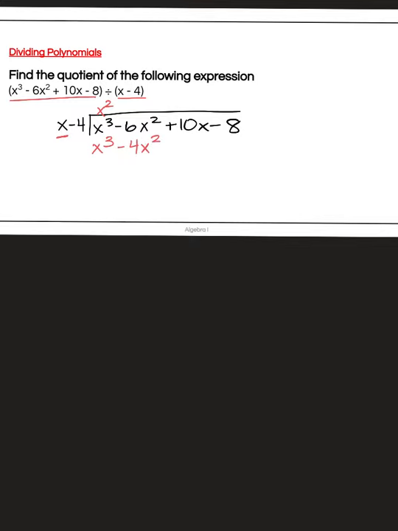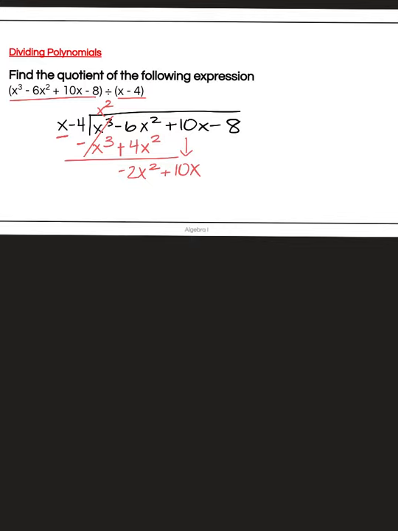Then we subtract, which means changing all the signs of the second one. So the x cubed becomes minus, and the negative 4x squared becomes positive, and then we add. These cancel. Negative 6x squared plus 4x squared is negative 2x squared. Bring down the 10x, so plus 10x.